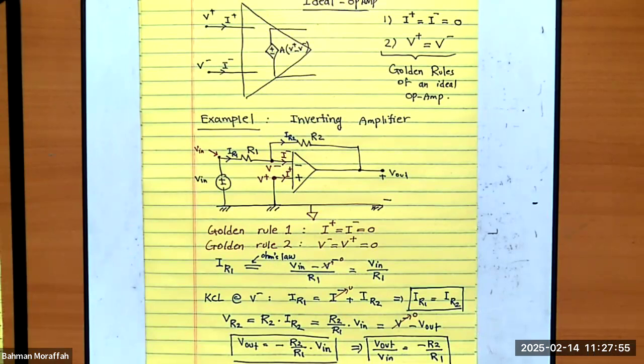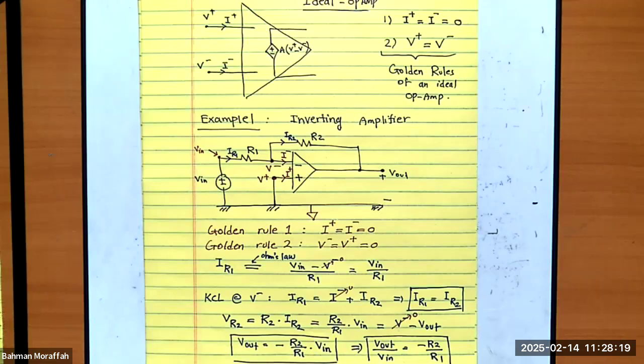And what it means is that if R2 is huge, what happens? It means output is going to be amplified by this number, but with a negative sign. So it inverts the input, right?